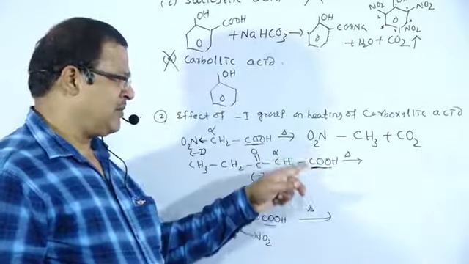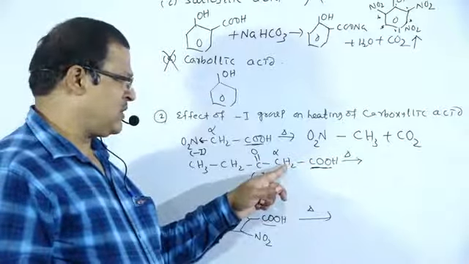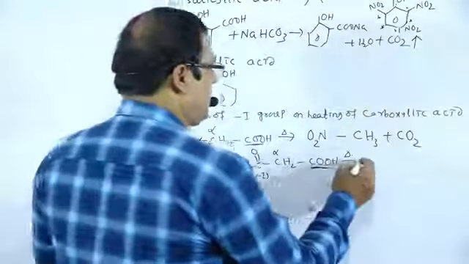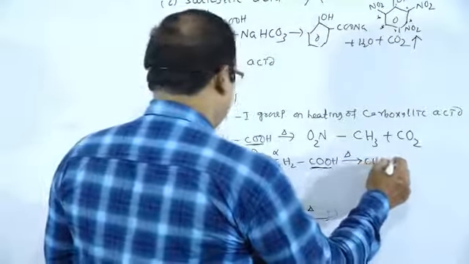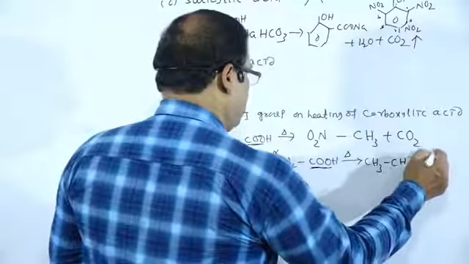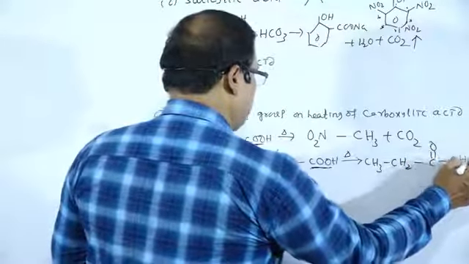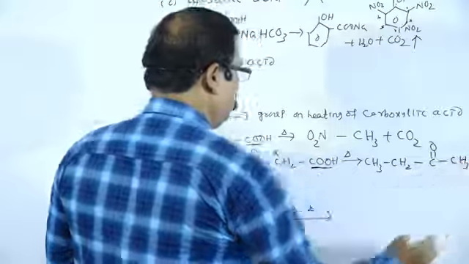Similarly, carbon dioxide is released from this position and H is attached to this one. So what will be the product? CH3, CH2, C double bond O, CH3 plus CO2.